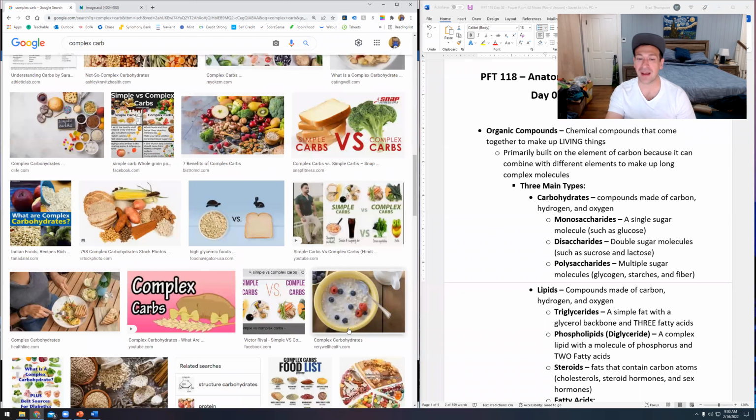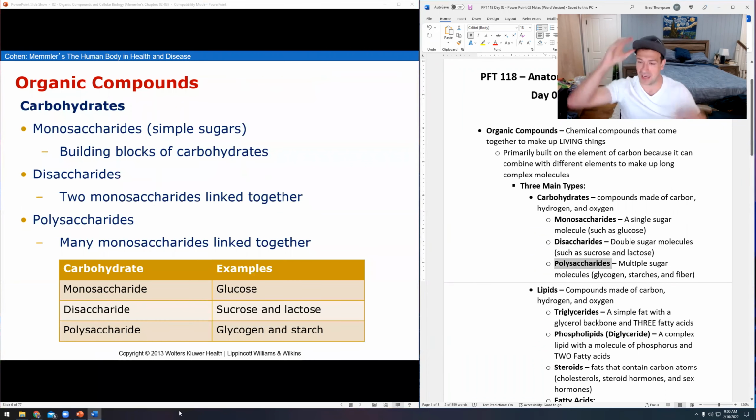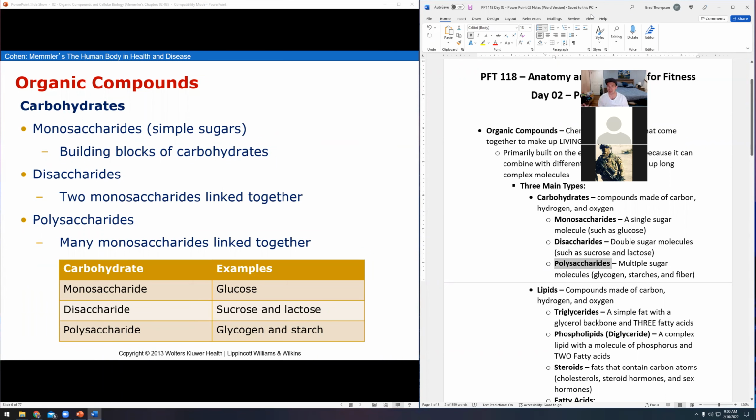What's great about that is it takes our digestive system time to break down. The really cool thing about complex carbs, starches, fibers, and things like that, is they are so complex that it takes a lot of time for us to disassemble them.